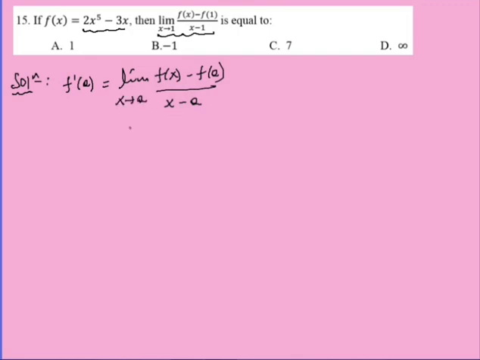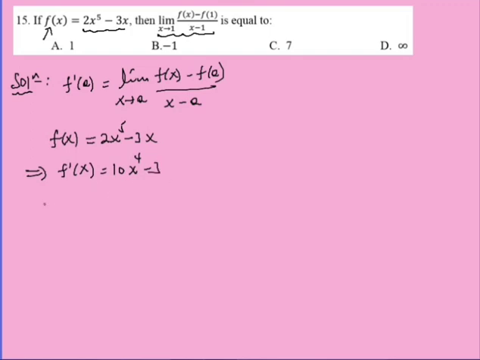So let's take the given function here. Our f of x is 2x to the power of 5 minus 3x. Therefore, its derivative becomes 10x to the power of 4 minus 3.